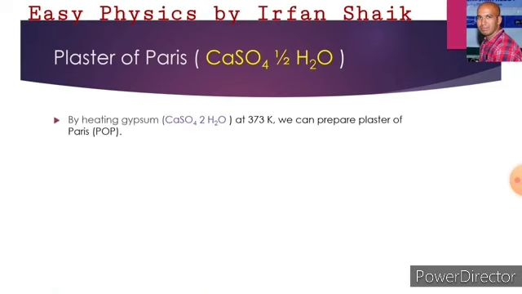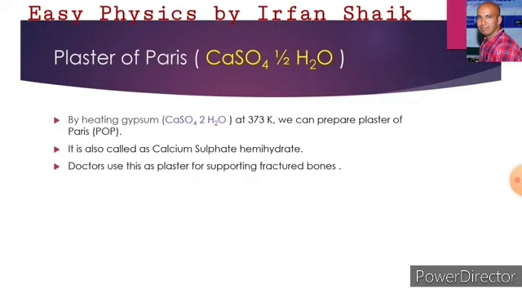Generally doctors use this as a plaster for supporting fractured bones. When bones are fractured, plaster of Paris is used to set them. Plaster of Paris is a white powder.